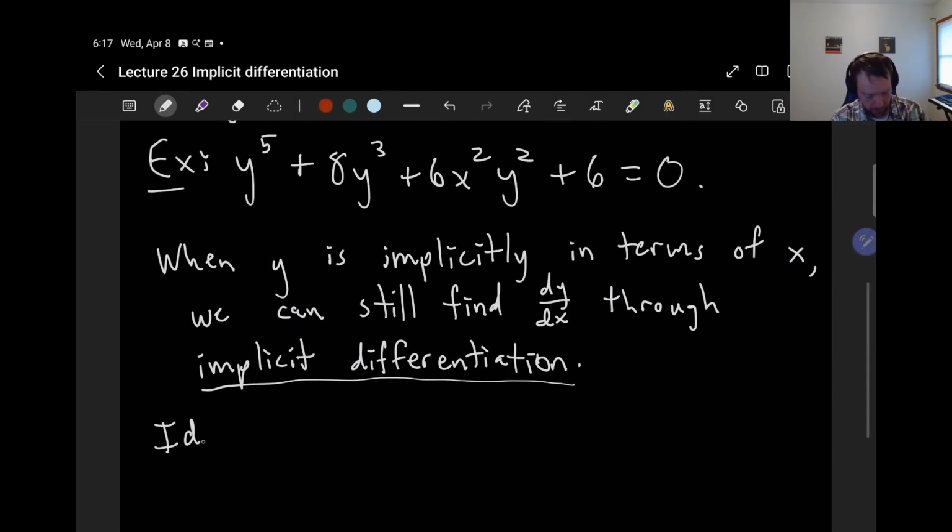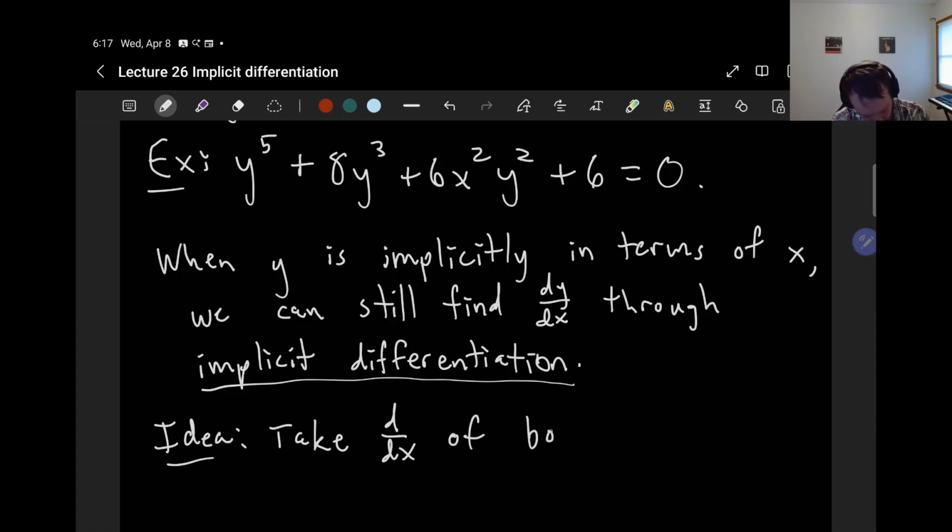So here's the trick. You take the derivative, applying the derivative operator with respect to x of both sides. And sometimes we're going to use chain rule, and I'll explain.